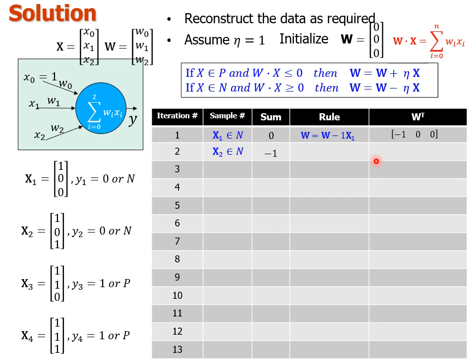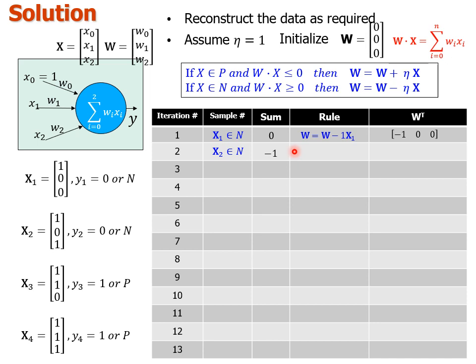And see here, x2 is the negative sample, and the sum is not greater than or equal to 0, and hence we need not update w, because the sample belongs to the negative class, and as per the perceptron it is also computed as belonging to the negative class, or 0 class.